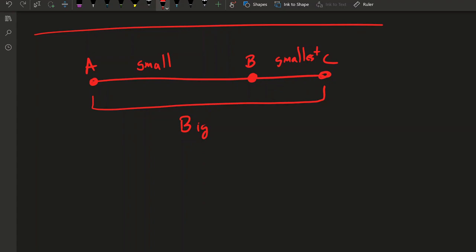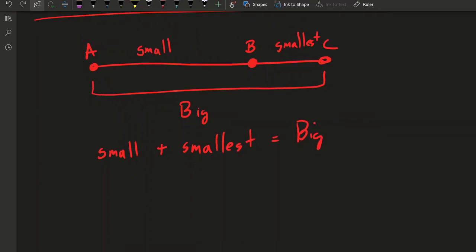Informally, it would be the small piece plus the smallest piece is equal to the big piece. Formally writing this out for geometry, we would say AB plus BC is equal to AC.